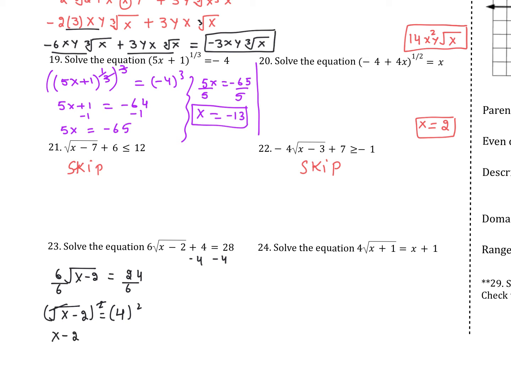X minus 2 is 16, which means x is 18. So this is a simple one, number 23 is 18. And for this one, we can skip it.